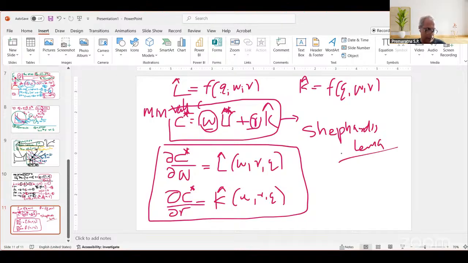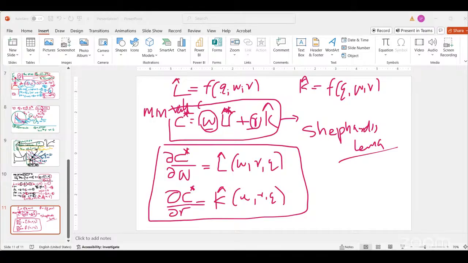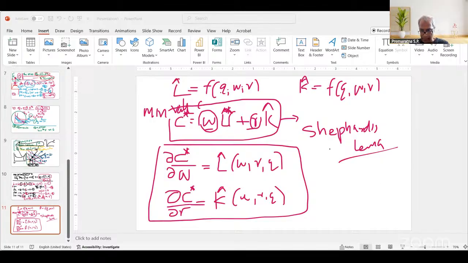So that is what we call Shepard's lemma.